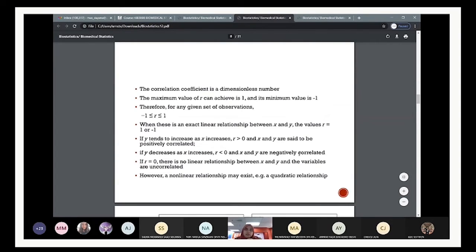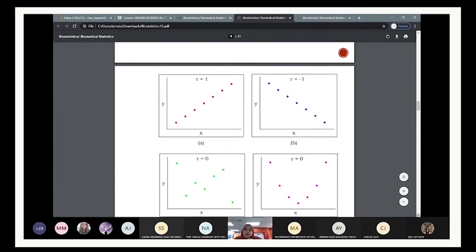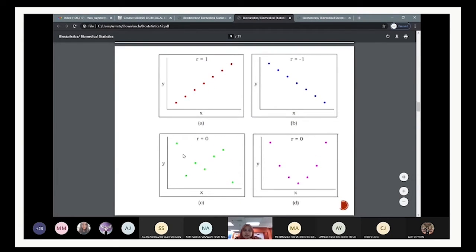So we can have other non-linear relationships, such as a quadratic, or this one where R is 0, so no relationship between Y and X. This can be a quadratic relationship, but you cannot use Pearson correlation. This is a positive relationship between Y and X, so you can see one straight line, and this is a negative correlation between Y and X. You can see one straight line also, but it is the opposite of the positive line.